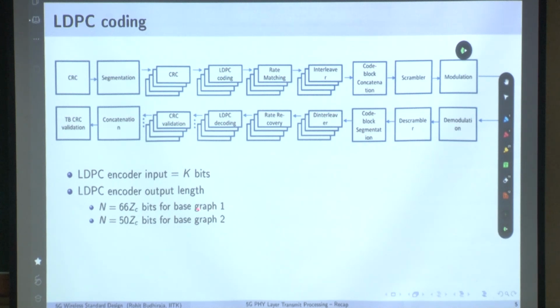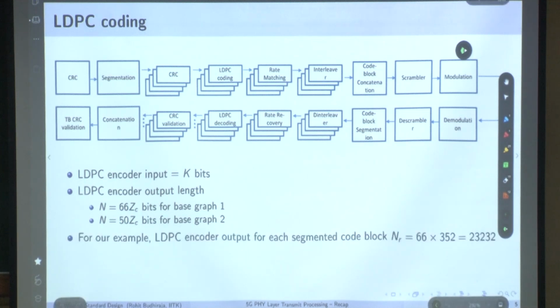I have not included that discussion here. Just to recap, base graph 1 is optimized for higher code block length and higher rates. Base graph 2 is optimized for lower code block length and lower rates. It was difficult to design a single encoder for both these extremes, and that's why the standard has designed 2 different base graphs.